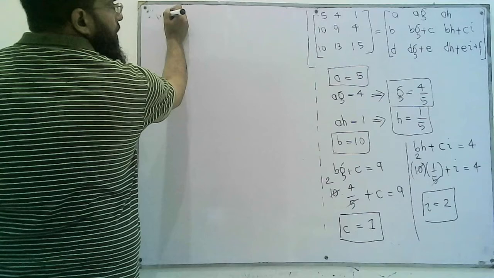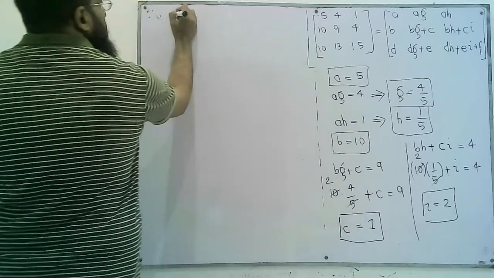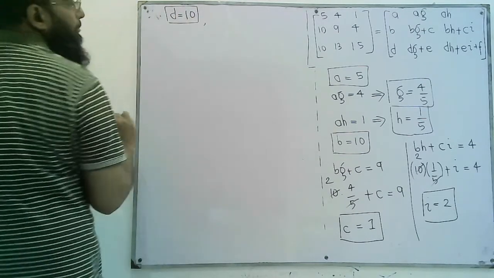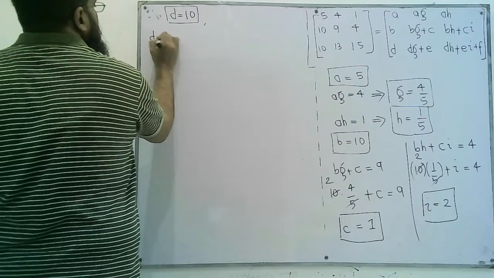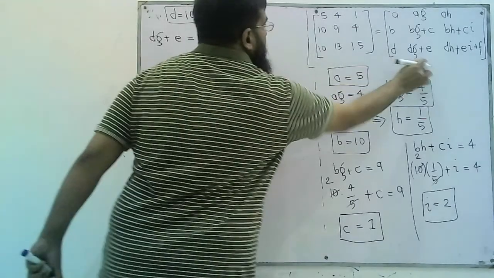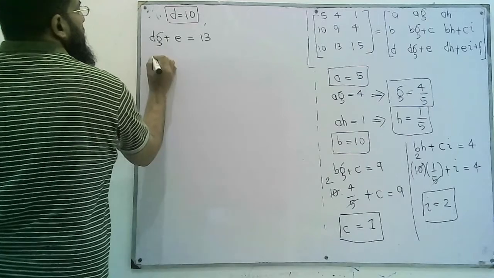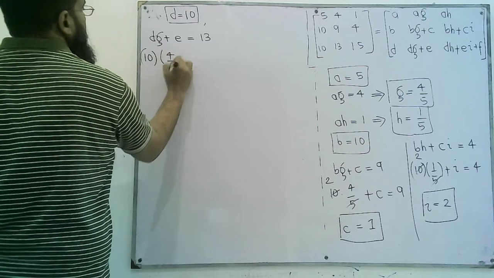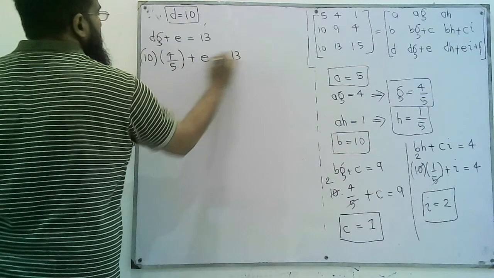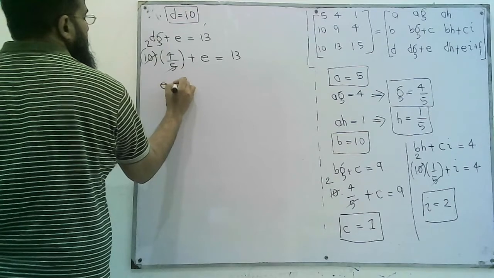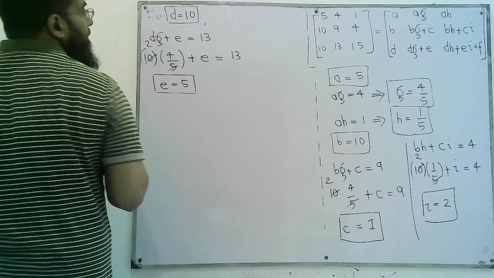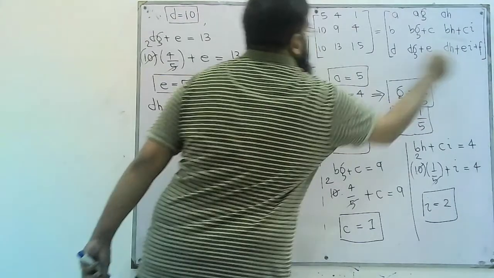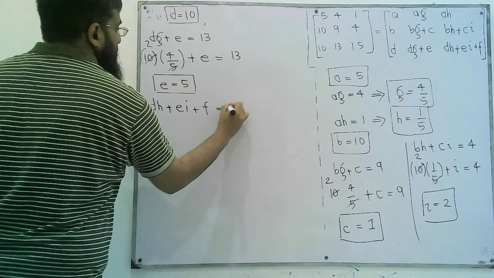All right, the last row, D is 10 and DG plus E is 13. D is 10, G is 4 over 5, plus E is 13. So 5 2s are 10, 4 2s are 8, E is 13 minus 8, is 5. And the last one is DH plus EI plus F is equal to 15.